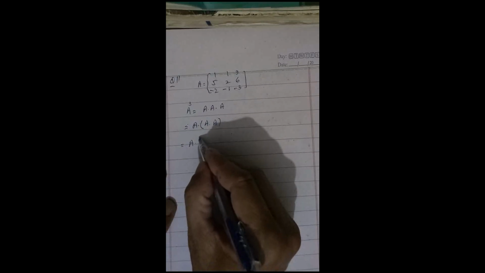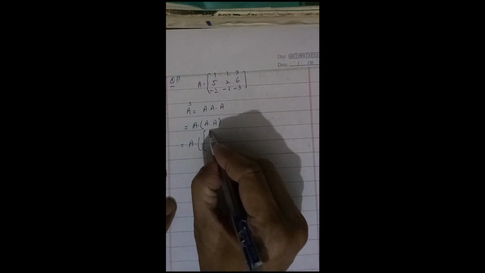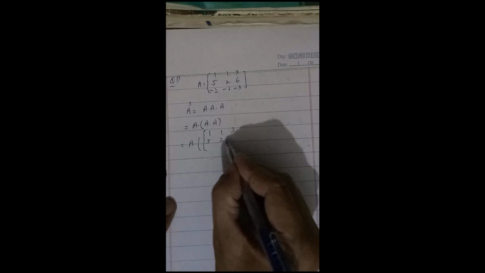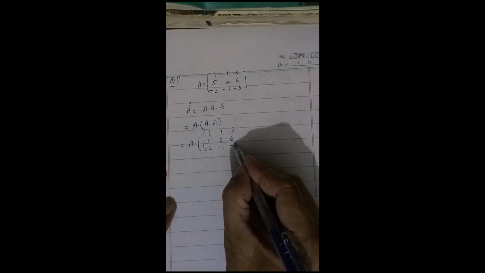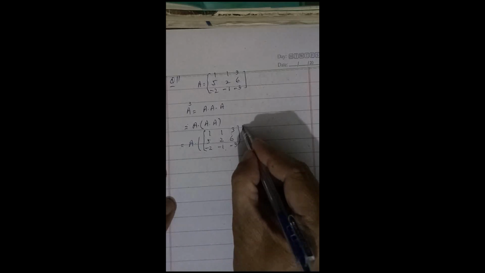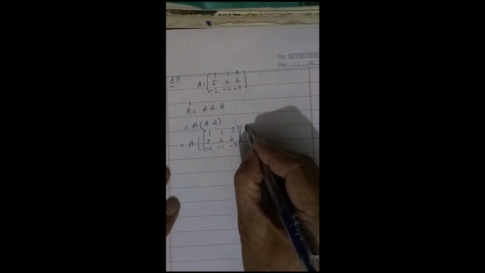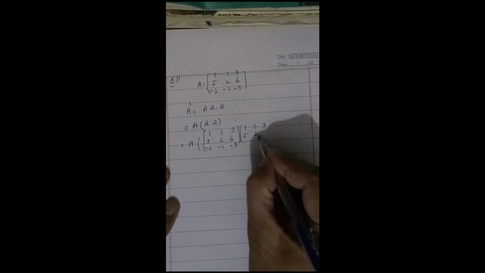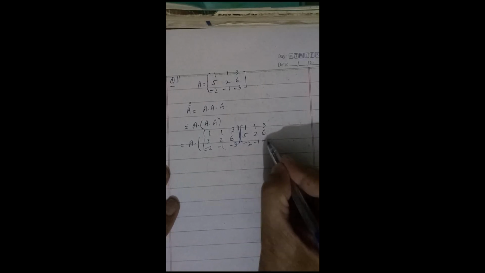A into A matrix is 1, 1, 3, 5, 2, 6, minus 2, minus 1 and minus 3. It is the A matrix multiplied by the same A matrix, 1, 1, 3, 5, 2, 6, minus 2, minus 1 and minus 3.